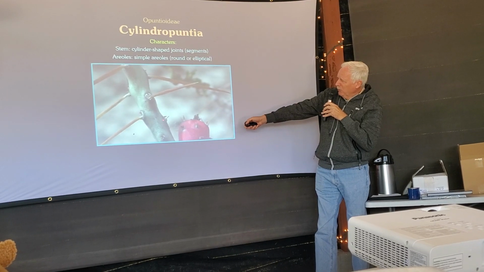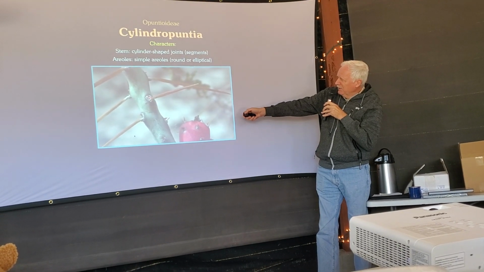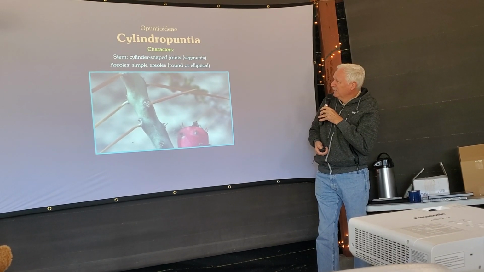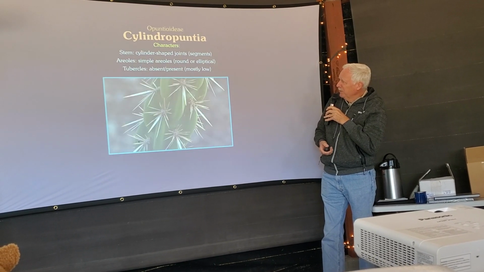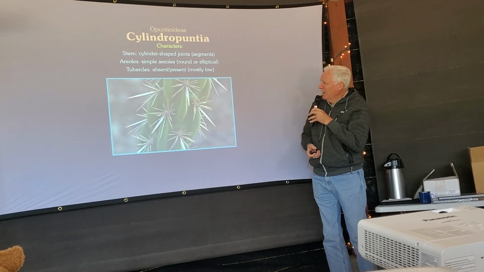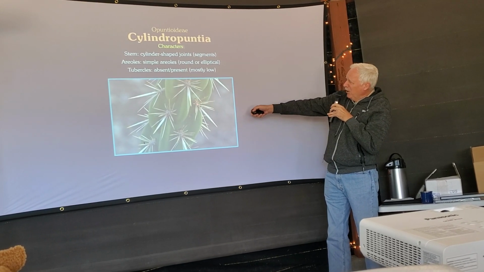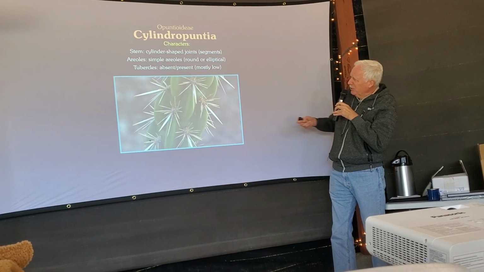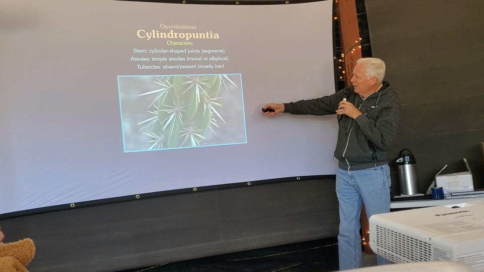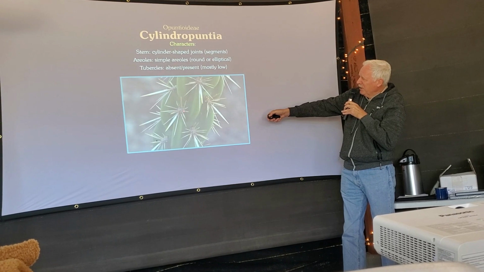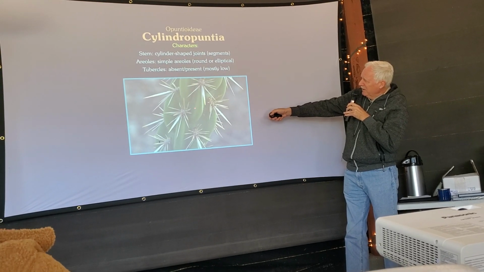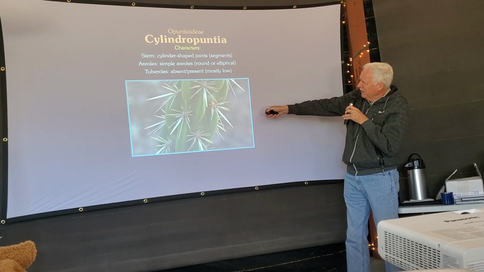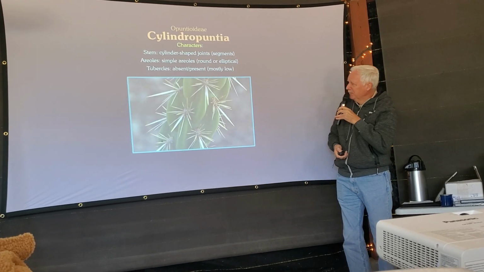They do have some glochids, but more serious are the huge spines on the Cylindropuntia. And they have some kind of tubercles, extensions from the stem, but the areoles at the base of it, so it's not at the widest point of the swelling, but at the lower end.